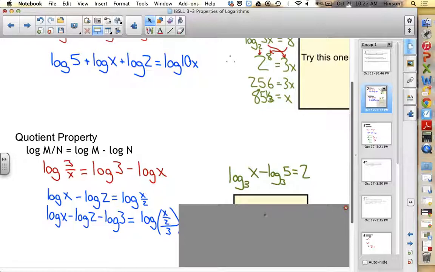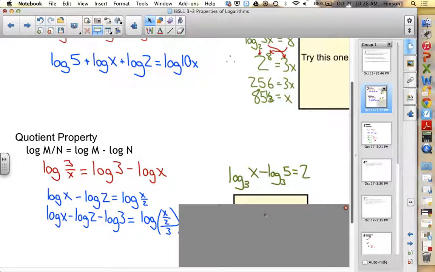We don't want to do 0.5x over 3. If you're dividing by 3, that's the same as multiplying by a third. So what's x over 2 times 1/3? X over 6.